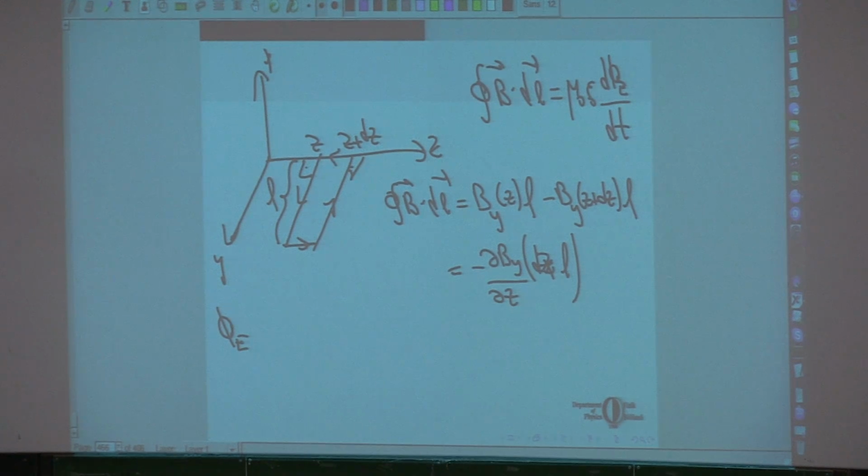So at the same point, the electric field is pointing in the plus x direction, so we have a positive flux. This will be just Ex times dz times L. Again, this Ex can be, in fact, the electric field at any point inside the loop. The loop is very narrow, very thin, so the electric field doesn't really change from point to point. And eventually we take the limit in which the area of this loop goes to 0.